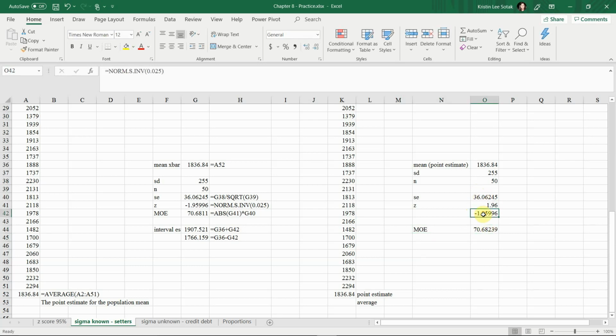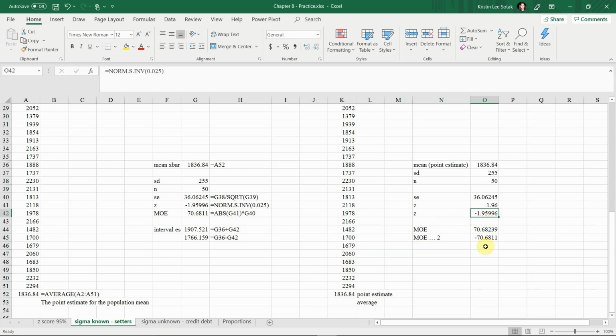If you wanted to use the z-score that we created, you can do that too. So margin of error, this is the second one. You could do the z-score multiplied by your standard error. Notice that it's negative. It's negative because this z-score is negative, because this 0.025 is to the left of the mean.